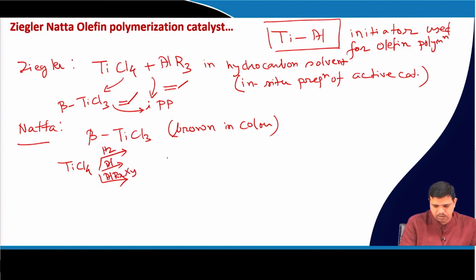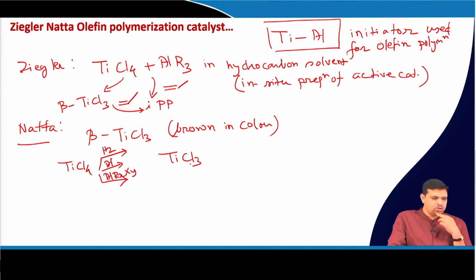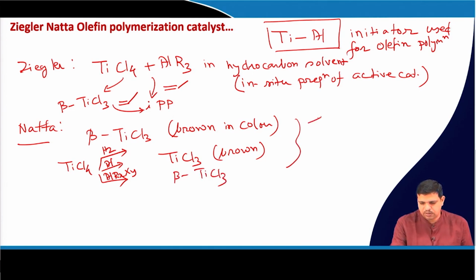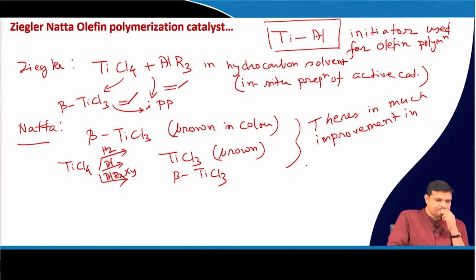And he saw that in most of the cases he is getting the same brown color. That means it is all actually the beta TiCl3, and there is no much improvement in stereoregularity, or stereoselectivity.